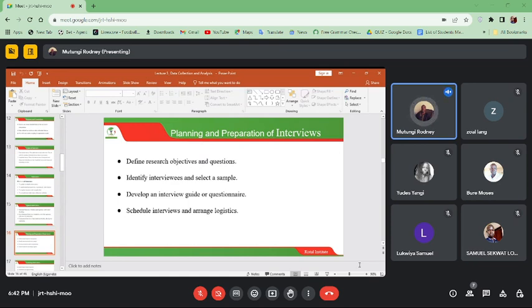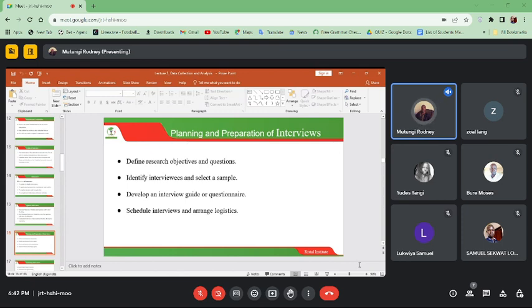It should always align with the research objectives and questions. And then, of course, because you are going to look at this target community, you need to identify the people that you are going to interview, including the key informants, especially if you are going to do that key informant interview.